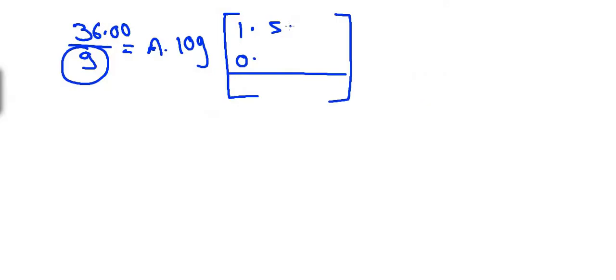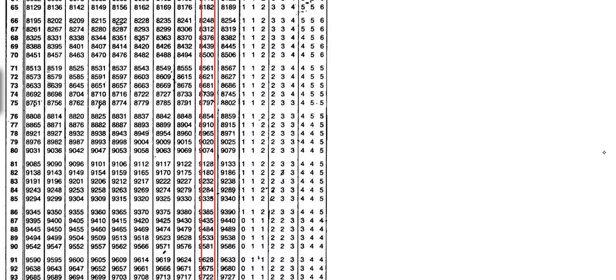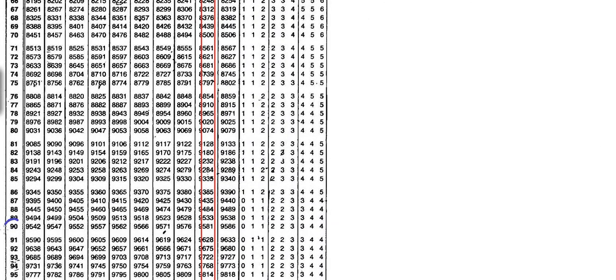Let us write it here, 1.5563. Now let us find the log of 9. To find log of 9, let us group the digits as 9000. So 90, locate 90 in the first column. So here is 90 in the first column, then 0 in the first row, and 0 mean difference, so no mean difference.